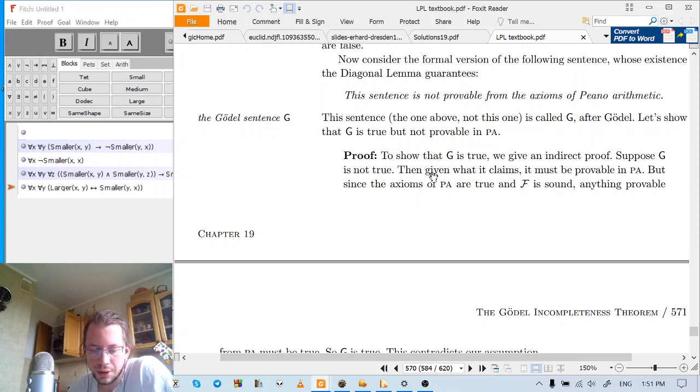Of course, we could always add G, or something that would allow us to prove it, as a new axiom.